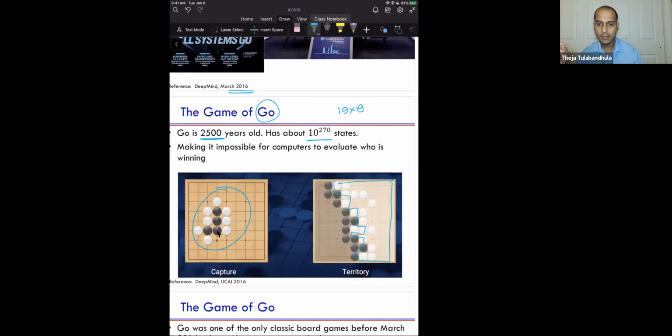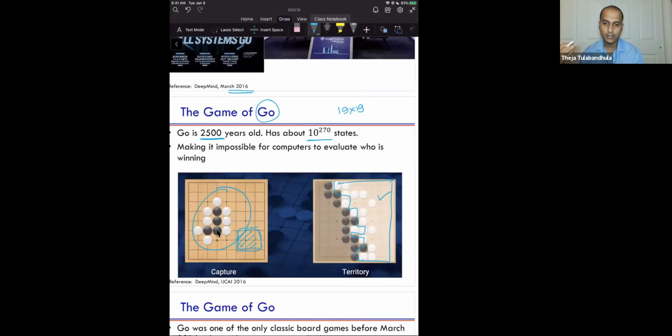In this case, for example, white wins, and this is not the only way to occupy territory. You basically surround yourself, like you can have a bunch of white stones, and then everything inside is your territory. The player with the most territory wins.